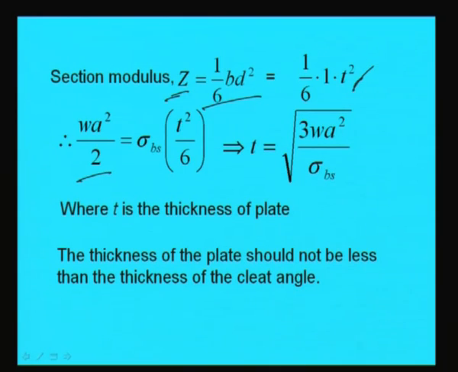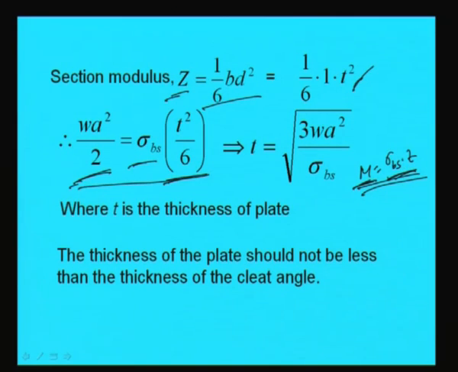So the moment capacity is M equal to sigma_bs into Z, where Z is T² by 6. The moment carrying capacity is sigma_bs into T² by 6 and the developed moment is M, that is Wa² by 2.